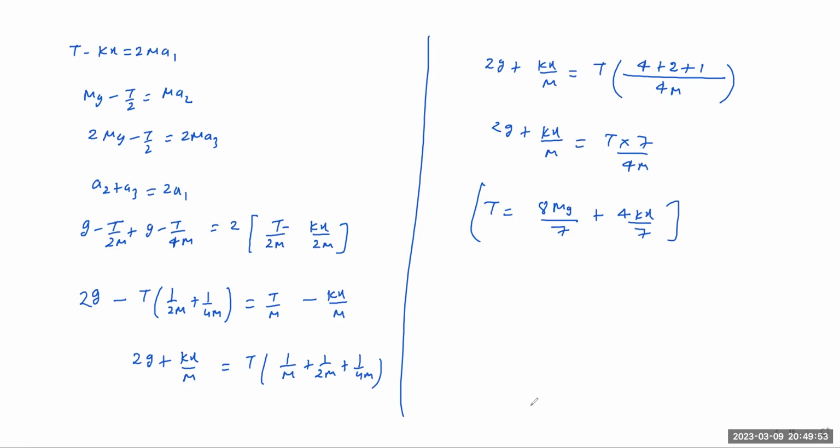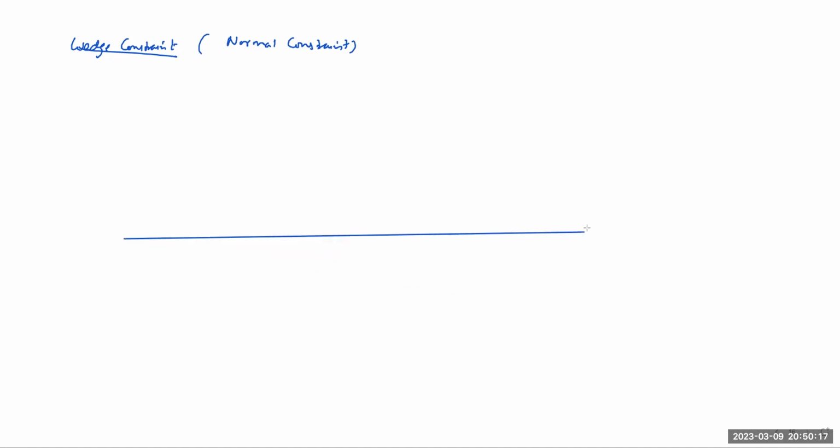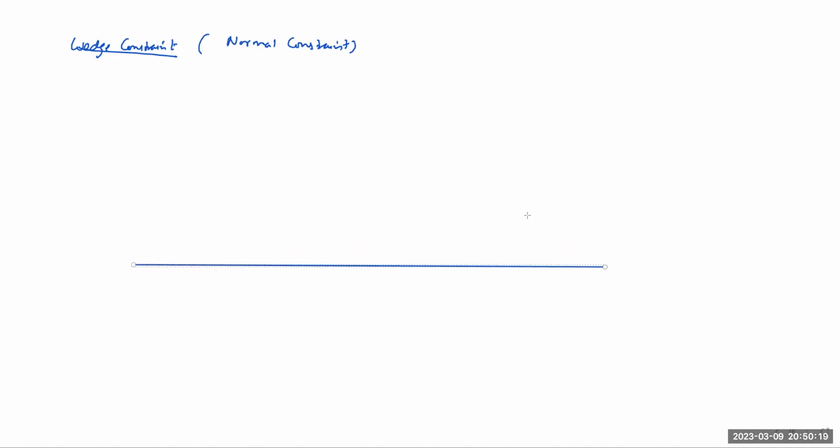Okay, now we'll go to the next concept, called the wedge constraint, quickly. So wedge is basically the constraint due to normal. We have all seen this very famous question of the rod and the wedge.